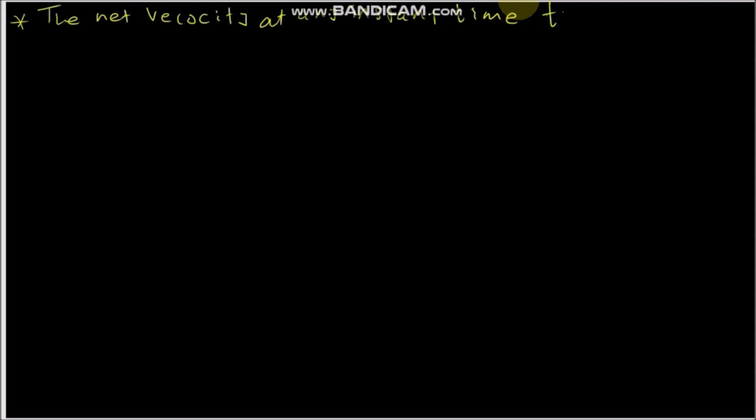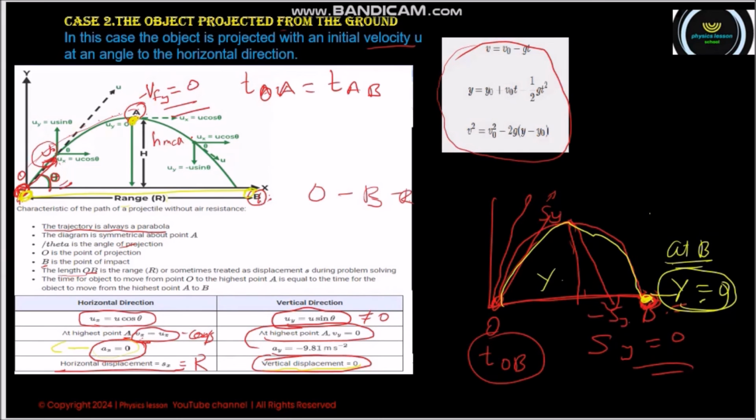The net velocity is calculated by the square root of the final velocity across x squared plus the final velocity across y squared.